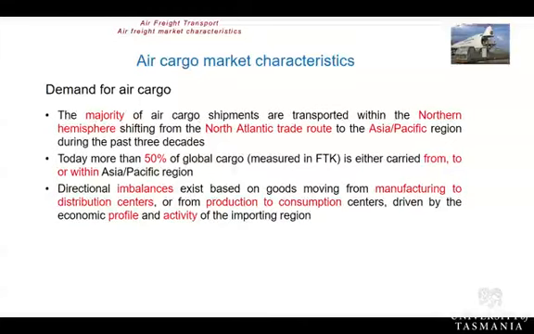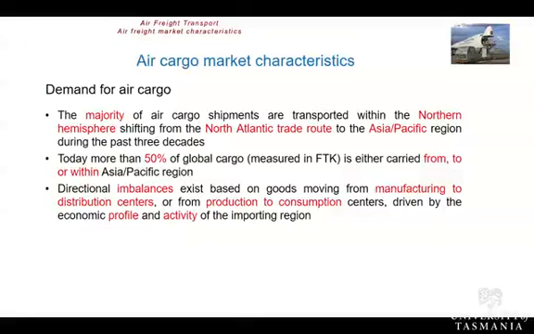We also spoke about the fact that there's quite considerable directional imbalances, and typically those imbalances are in favour of Asia, and they're moving from the manufacturing to the distribution centres.